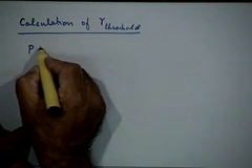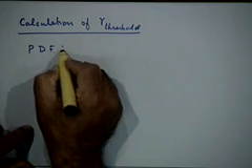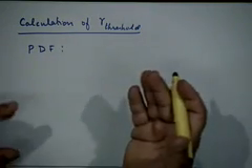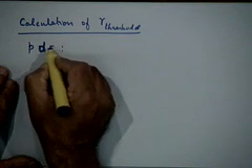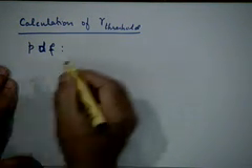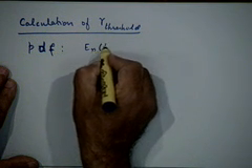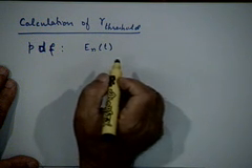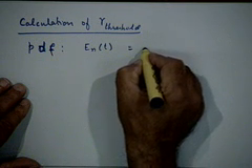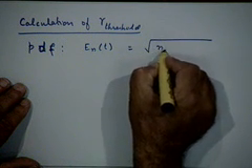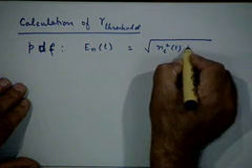Let me first give some important results which hopefully you should know by now if you have reviewed your probability theory properly. Let us consider the probability density function, the small pdf, of the noise envelope. E_n(t) is the noise envelope, if you remember. And how is the noise envelope expressed in terms of the quadrature components? It is this.